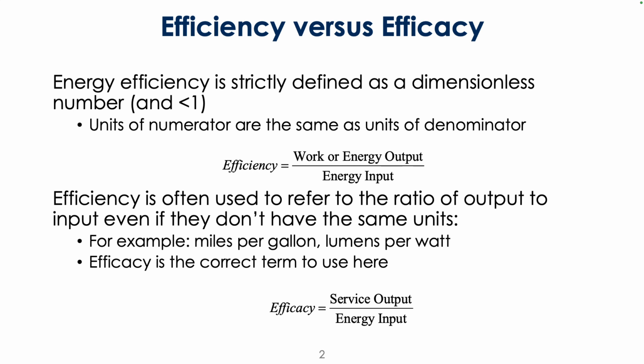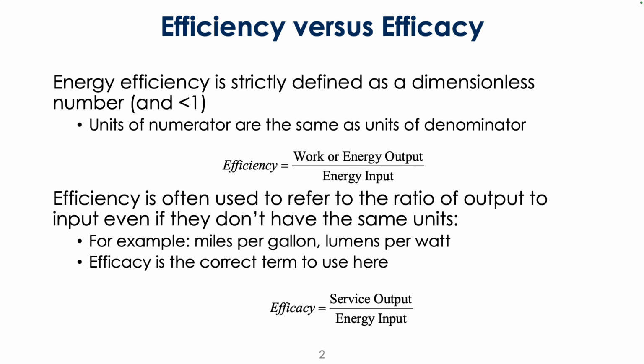Technically speaking, efficacy is the correct term to use here, but we're just going to substitute in, I'll be calling it efficiency. Efficacy is defined as a service output compared to an energy input. And so with miles per gallon, the miles is your output, the input is the gallons.